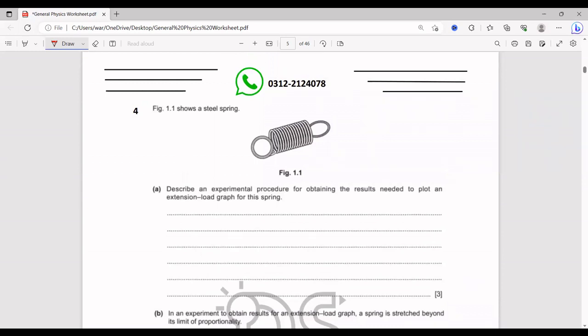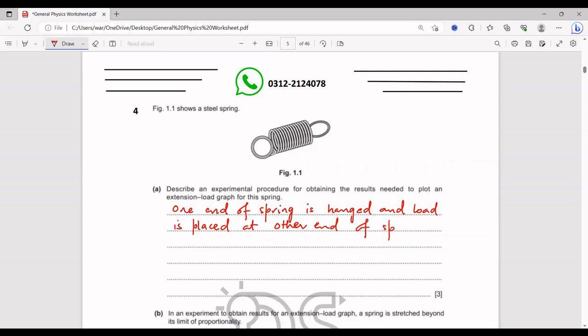So you have to write down: one end of the spring is hanged and different loads are placed at the other end of the spring.